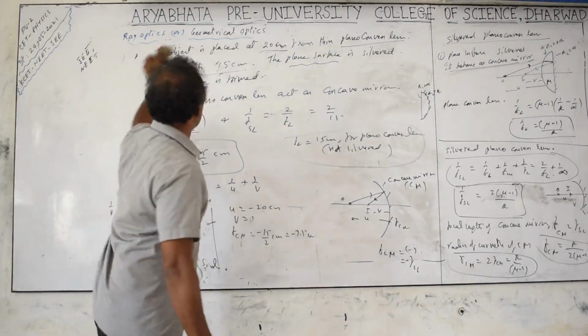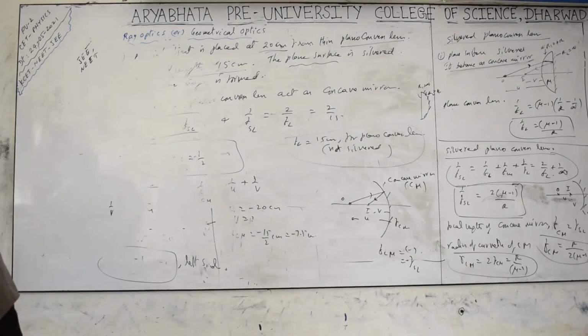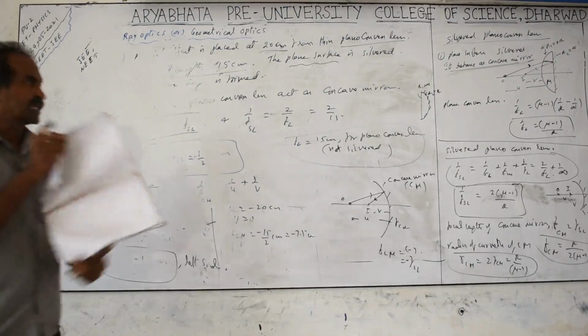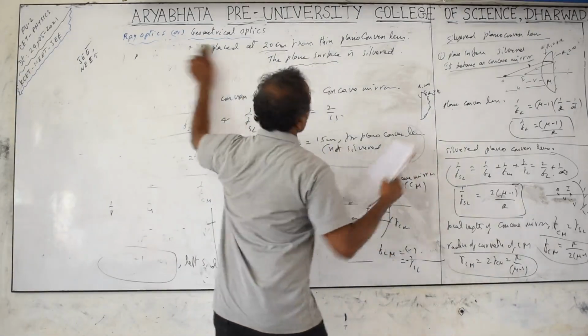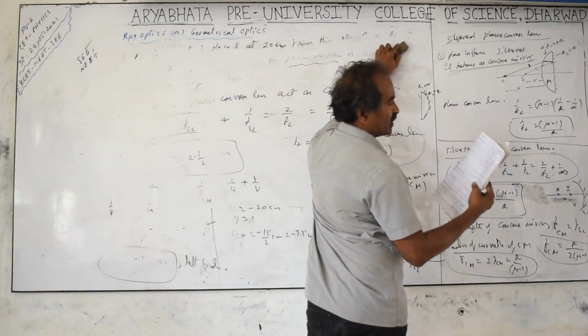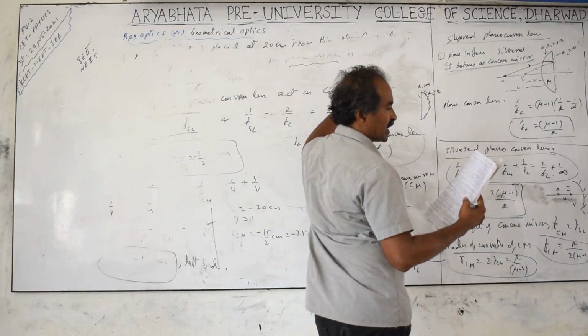That problem is next. Question number 53: the plane surface of a plano-convex lens is silvered. Mu is the refractive index, and R is the radius of curvature of the curved surface.